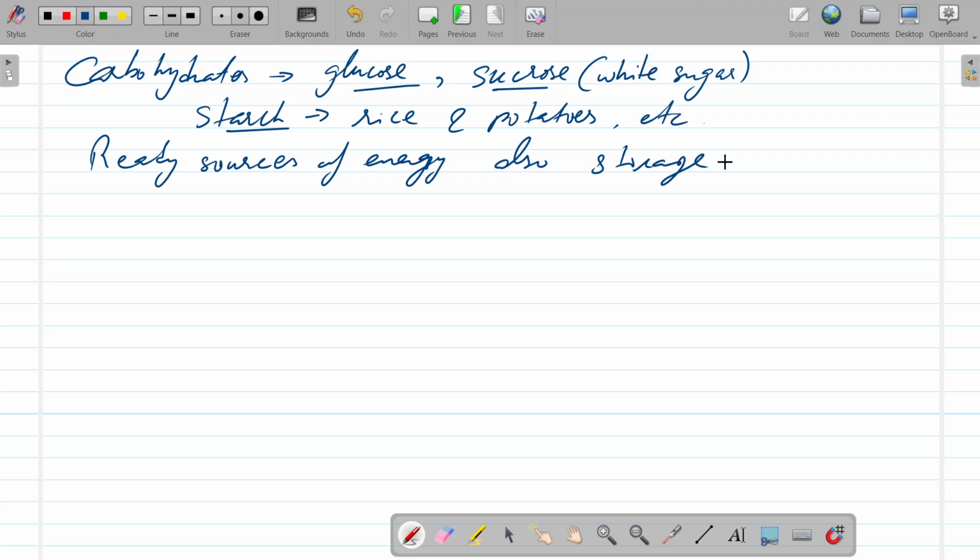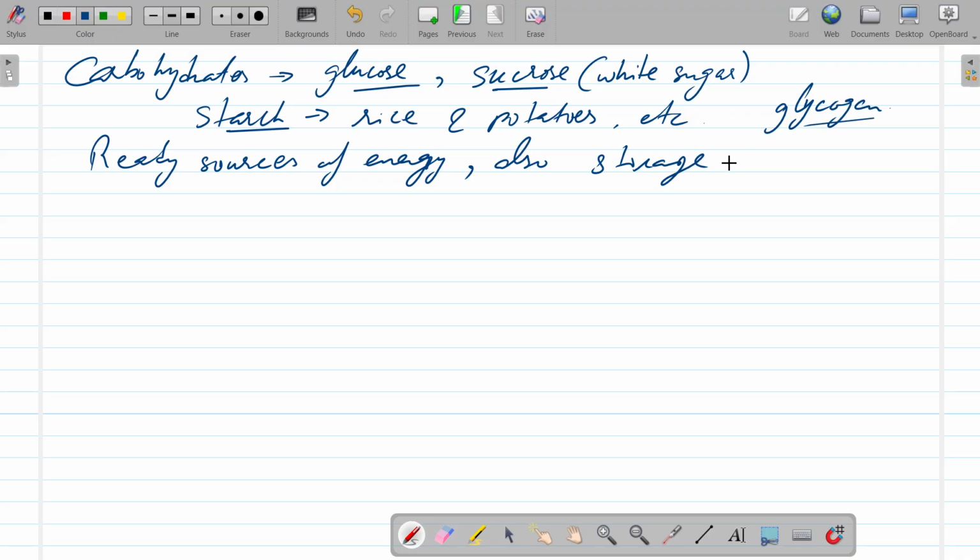So starch is actually a storage form of carbohydrates in rice or potatoes, or other plants, not in animals. Storage form in animals is what's called glycogen, and we'll get to that.